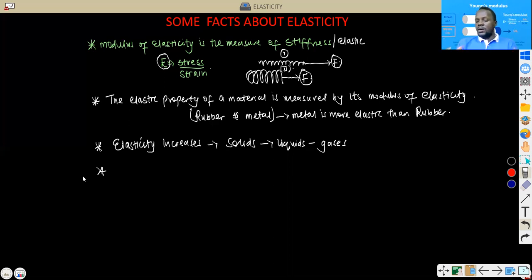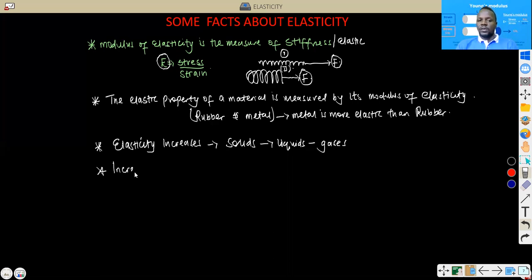It goes without saying: when temperature is increased, the intermolecular forces will reduce. So when intermolecular forces reduce, what happens to the elasticity? Do you understand now? The modulus of elasticity will reduce. So when the modulus of elasticity reduces, what happens to elasticity? It also reduces.